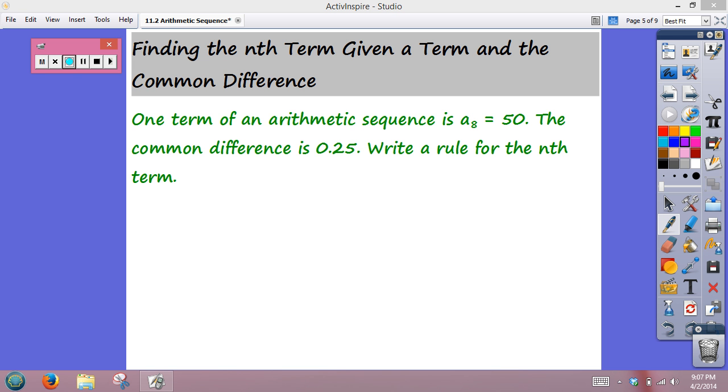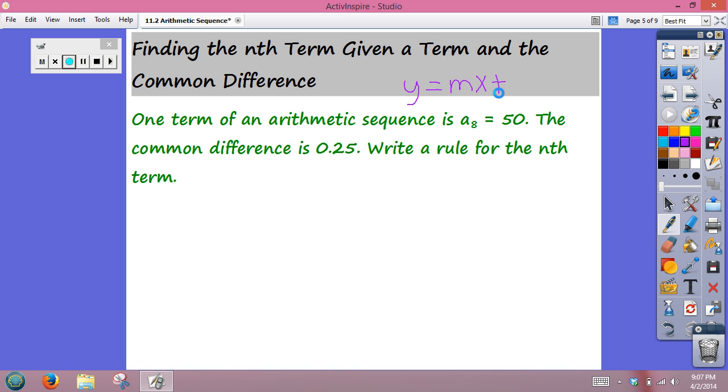So I'm going to use the equation that we have been referencing, y equals mx plus b, remembering that our m is our common difference in this case, and our y is our a sub n. So we get a sub n equals 0.25, which is our common difference, times n, plus a number.